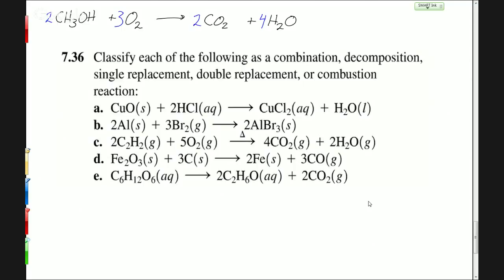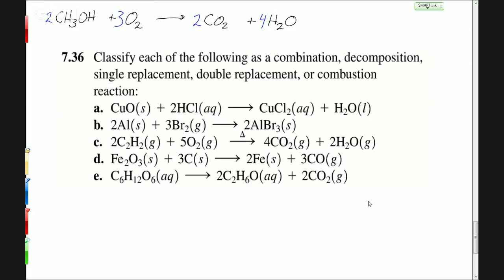All right, you got some categories written down? What'd you come up with? A. Double replacement? How do you figure? They switched. So this copper went with the chloride, the hydrogen went with the oxygen. And notice with that one, the ratios change.